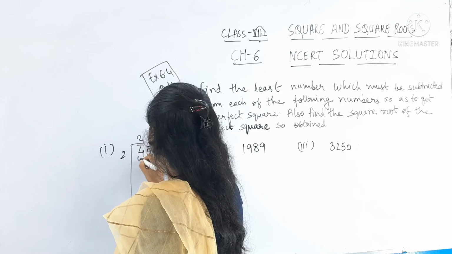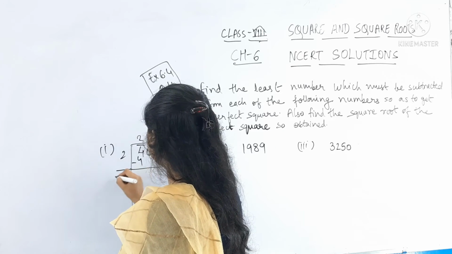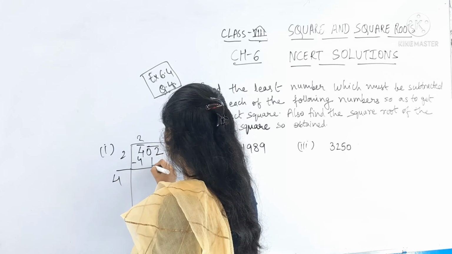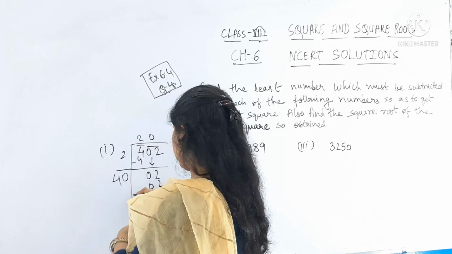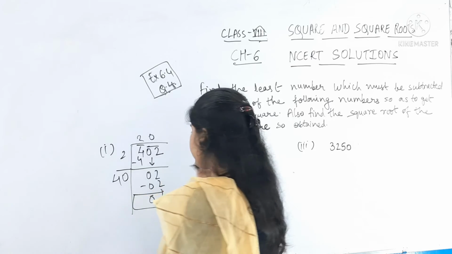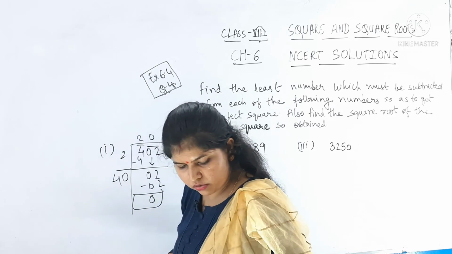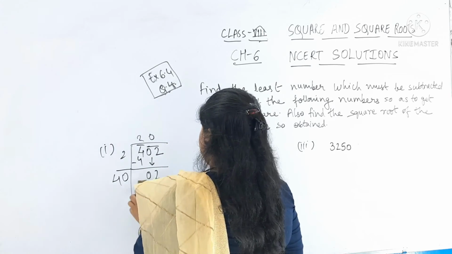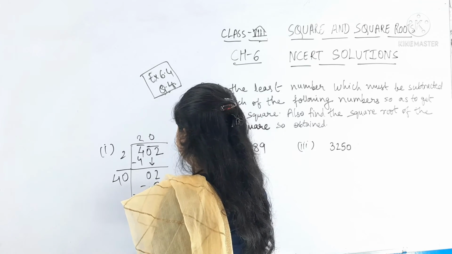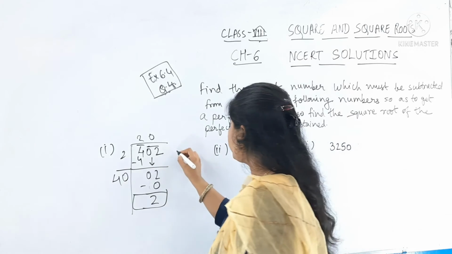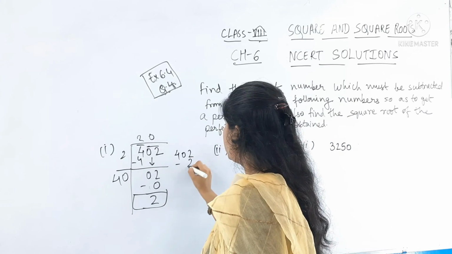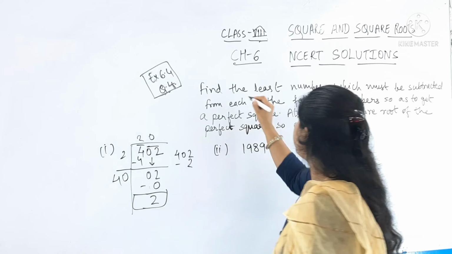2 2s are 4, 2 plus 2 is 4. Here 0 2s are 0. So I am getting, sorry, not 0. I am getting 2 as the remainder. Okay, so in 402, 2 is the least number.